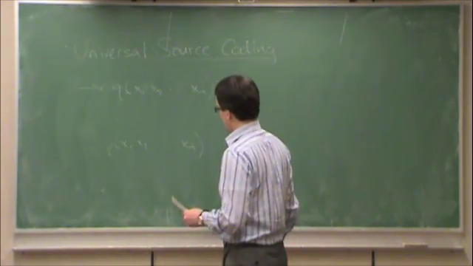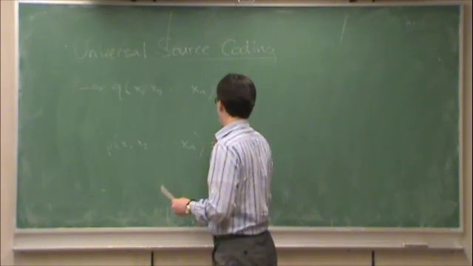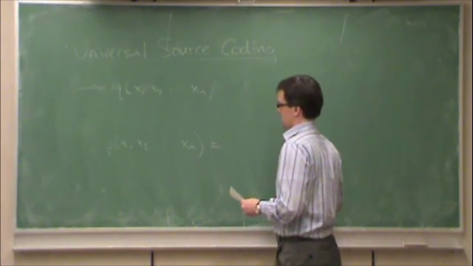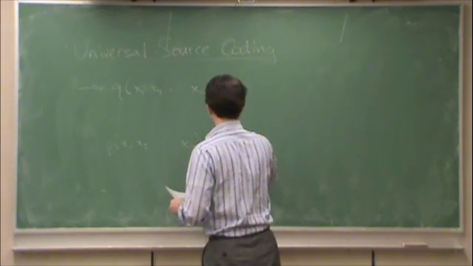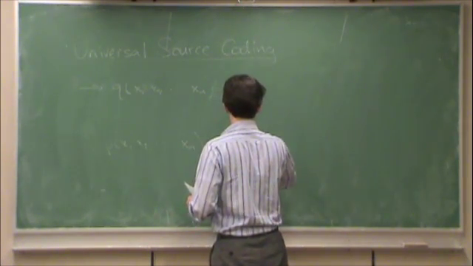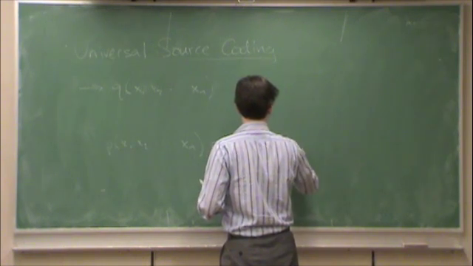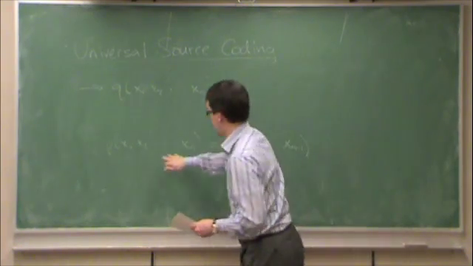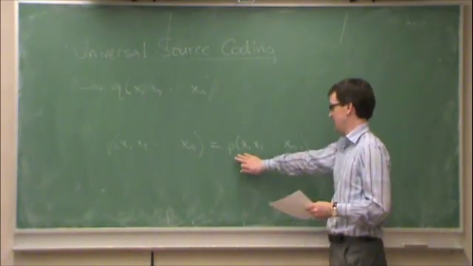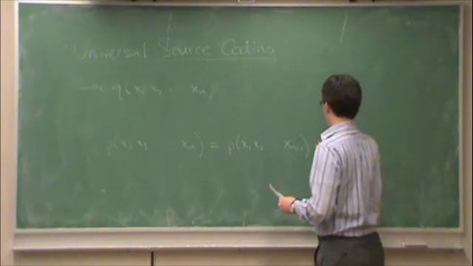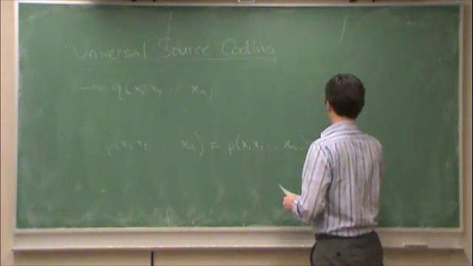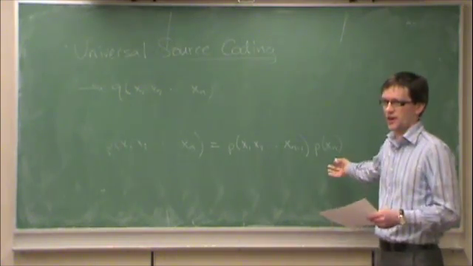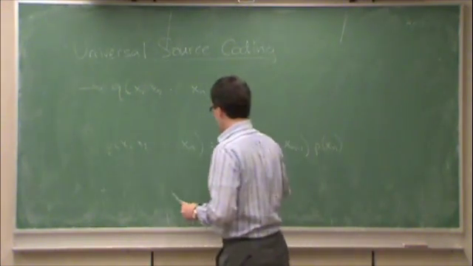In other words, if everything is IID, the probability of x1 to xn is the probability of x1 to xn minus 1 times the probability of xn. So this sets up a nice sequential form.